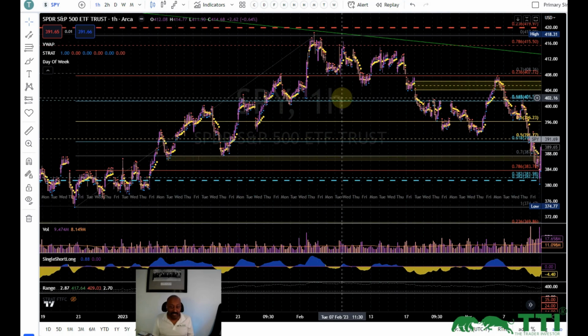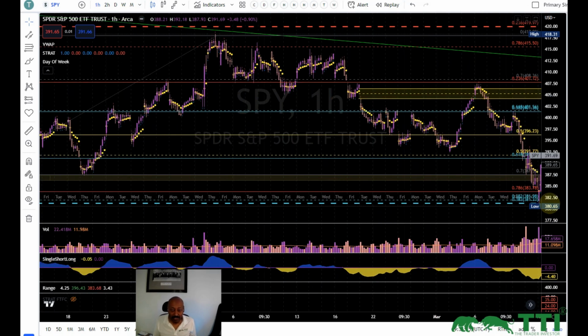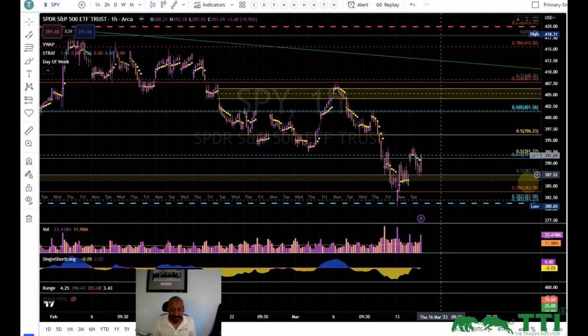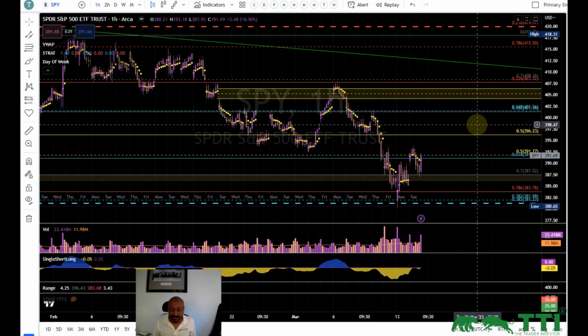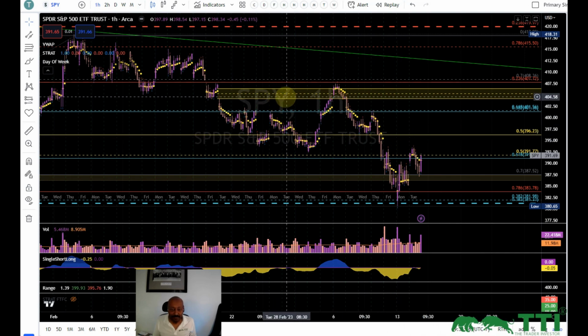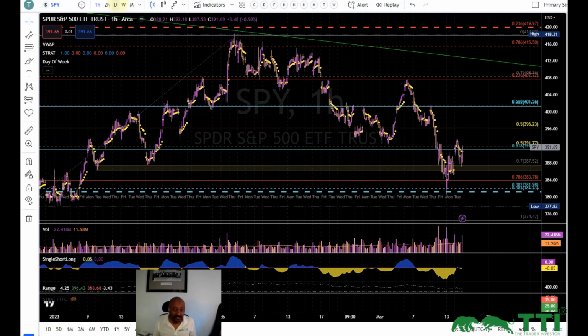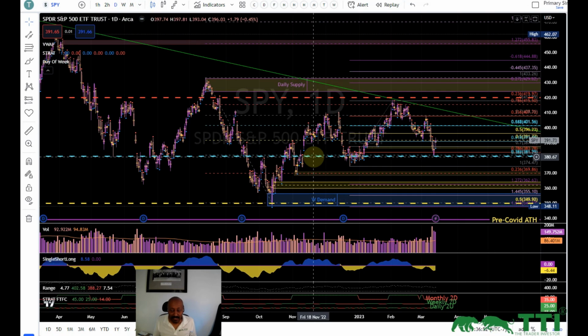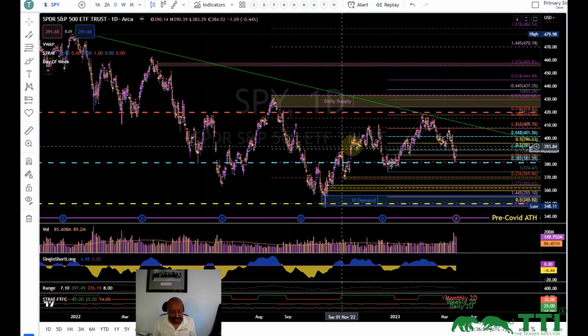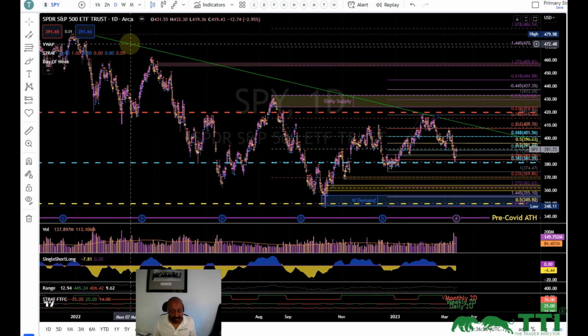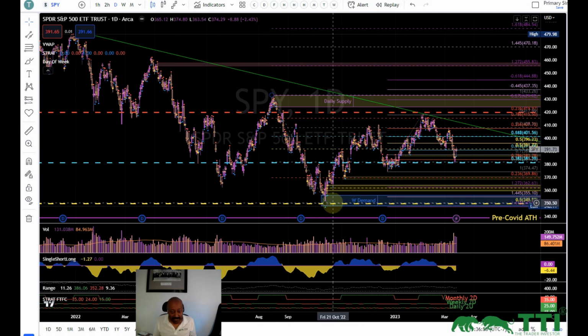Because we're in a downward bias. Sounds good. Okay. This gap is closed, so we don't have to worry about it. If you look at the daily, it's been down, down, down, but then here we're making higher lows.